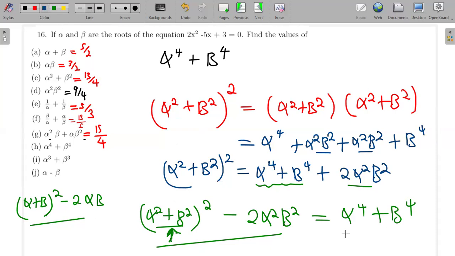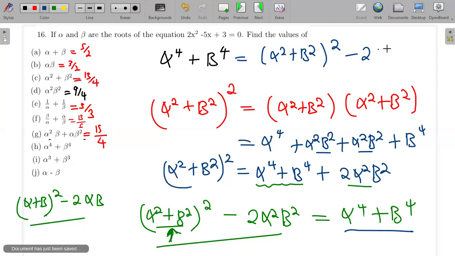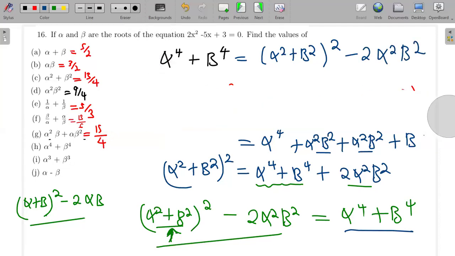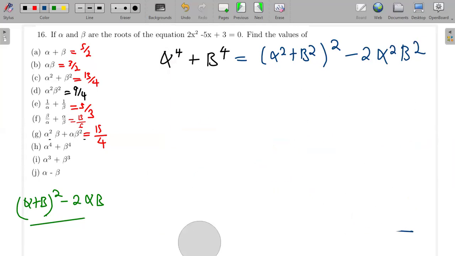So I'm just going to say alpha to the power 4 plus beta to the power 4 is the same as alpha squared plus beta squared, all squared, minus 2 alpha squared beta squared. Then I can just replace the numbers.